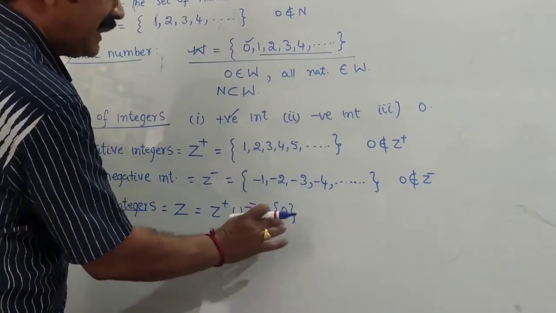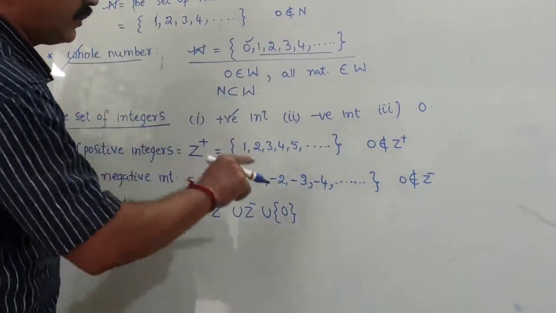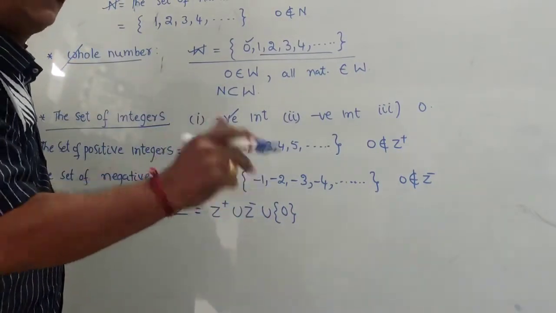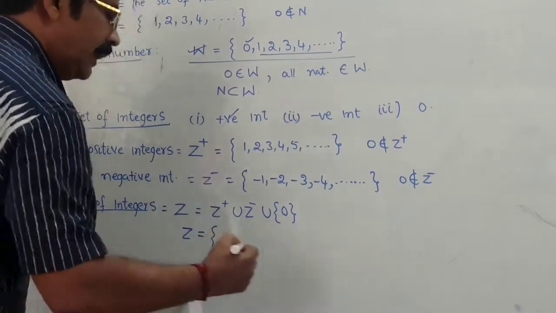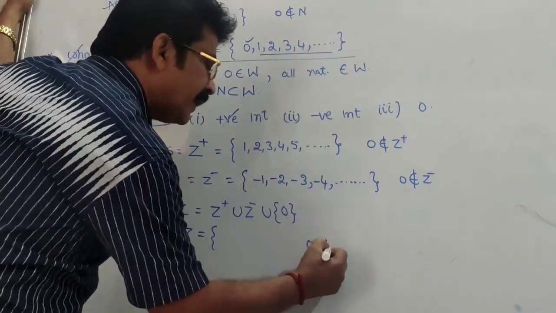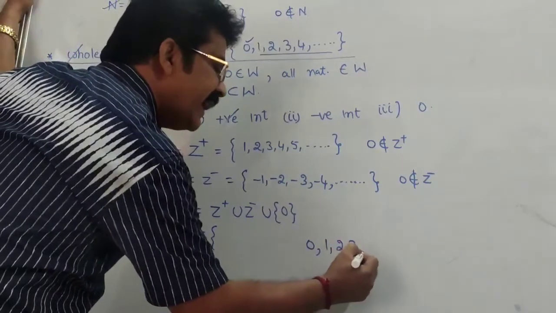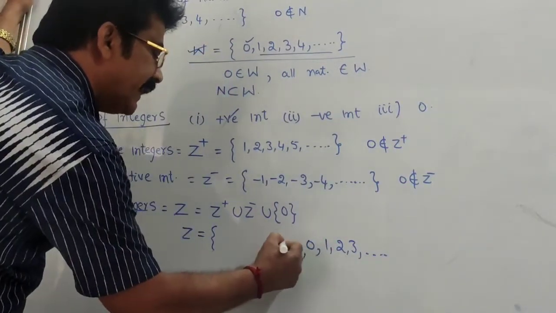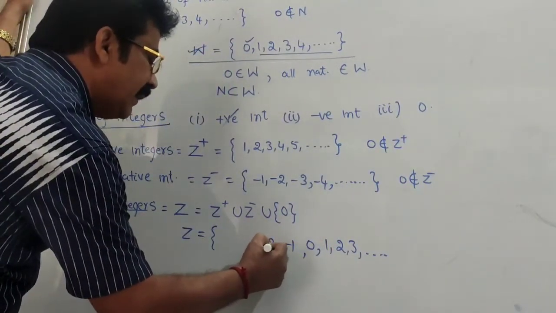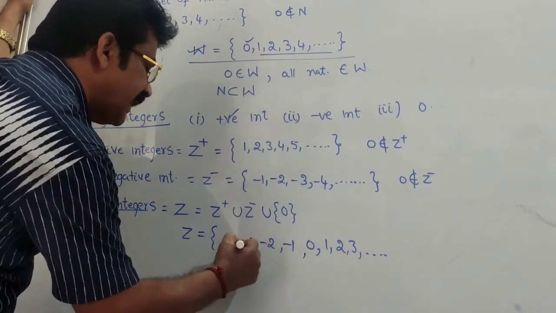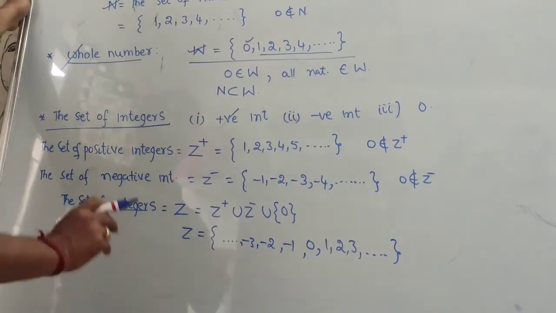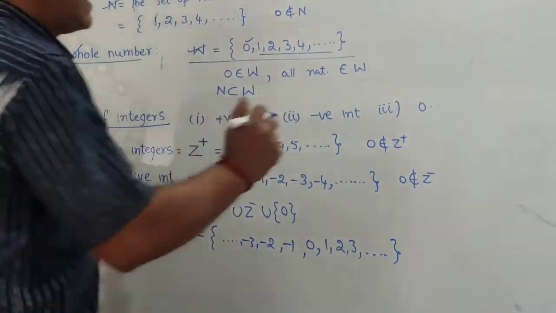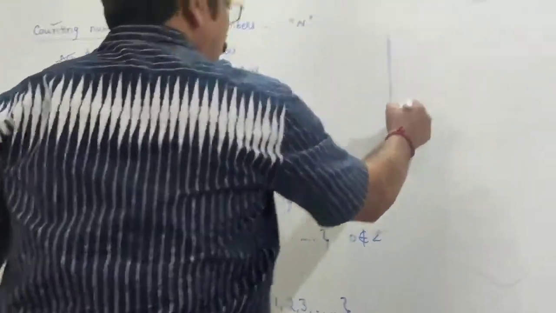This is a set containing one element, 0. Of course, it is a singleton set. So Z is equal to: 0 is there, positive integers are there, and here negative integers minus 1, minus 2, minus 3 and so on, like that. This is the set of integers. Okay. Set of integers over.